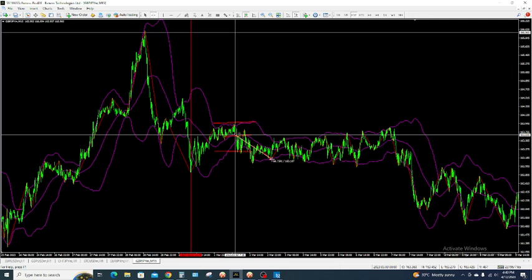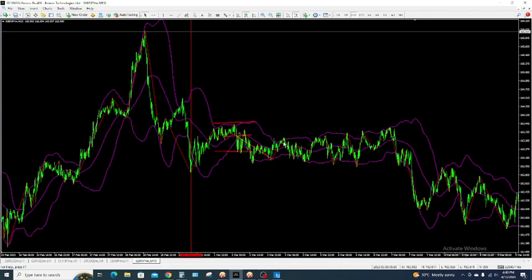So for every $1,000, we're going to be exposing 0.25 lot in the market. It is compulsory that for every 0.25 lot we put in the market, we must put a stop loss so that we guard against our capital. Guarding our capital is key.